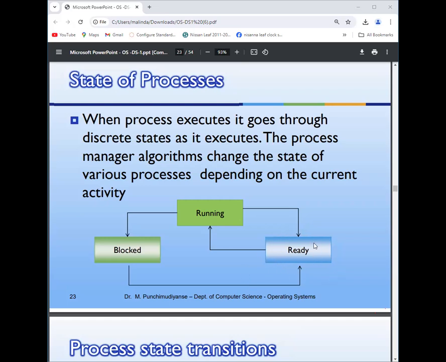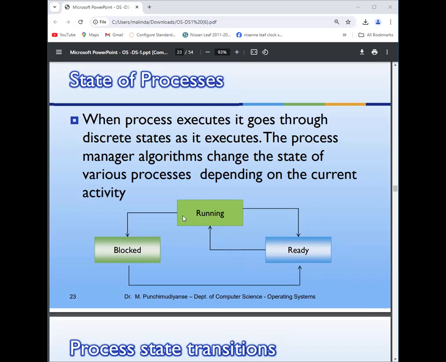This is the initial state of a process. Then the system manager, we call it a dispatcher, will schedule the ready processes in the list into a running process when it is given the CPU time. We call it the running state.